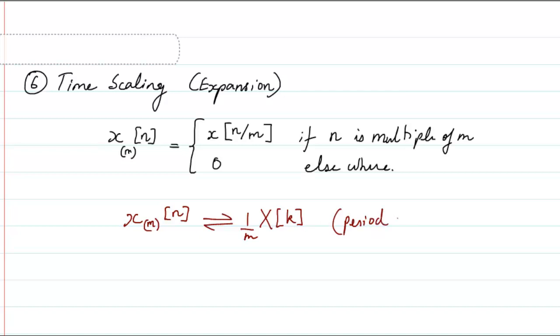The period is now going to be m times capital N naught. Why? Because here also the periodicity is changed. The period is changed to m N naught. The proof of this one we will see later.